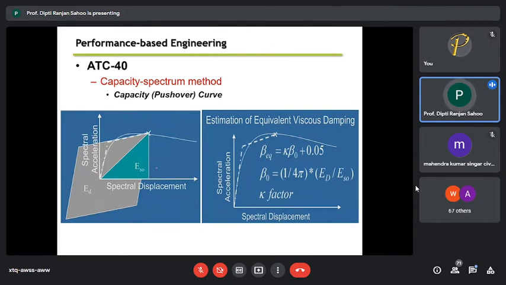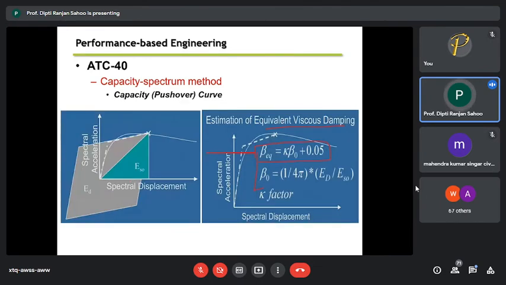Now the second step is to calculate the equivalent viscous damping. So you have the capacity curve. The only thing is you have changed the x and y axis, and from this you find the bilinear curve to calculate the stiffness, and from this ATC gives you how to calculate the equivalent viscous damping for this structure, which is nothing but the ratio of the area enclosed in the force deformation curve.